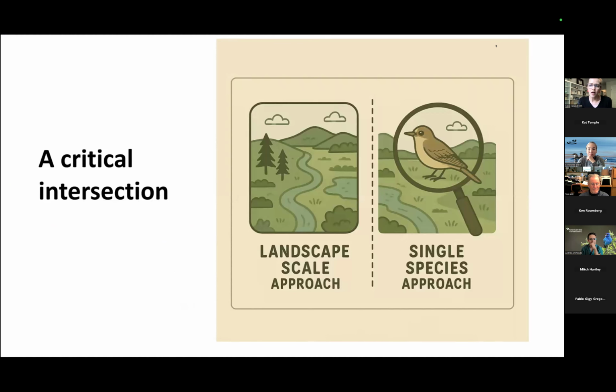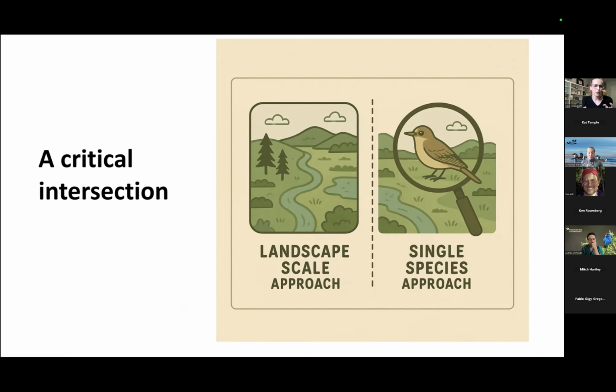And so one thing that comes up a lot in our conversations with Road to Recovery and recovering tipping point bird species is this conversation about landscape scale approaches to avian conservation and species-specific approaches to avian conservation. And I think this section of the wheel, it's hard to pick a favorite section of the wheel, but this one is up there for me because I feel that I have this conversation with people so often about how these two approaches have to come together, right?